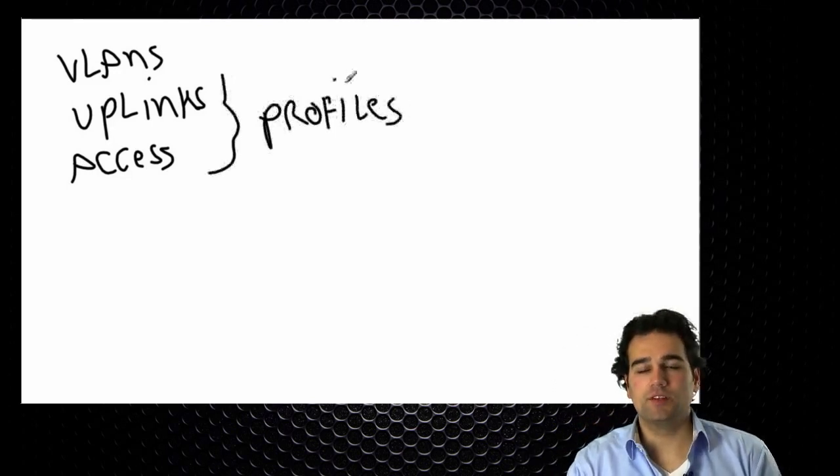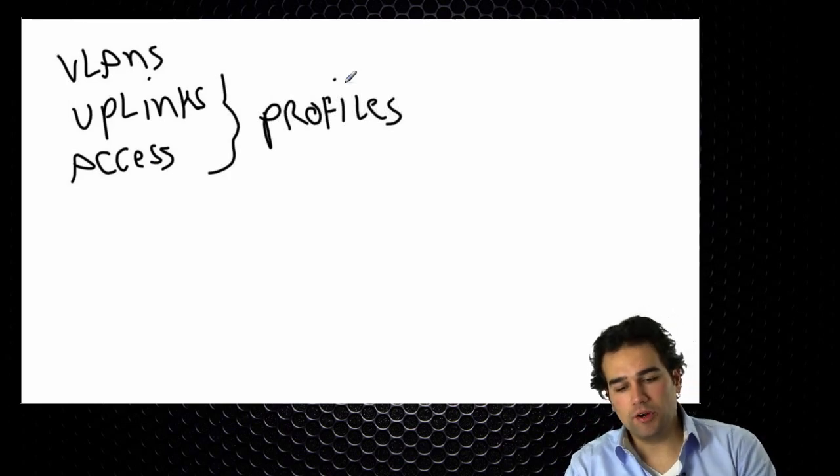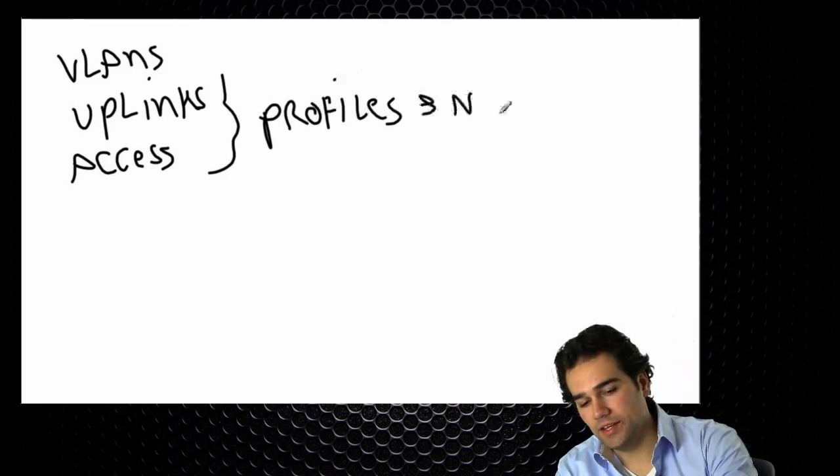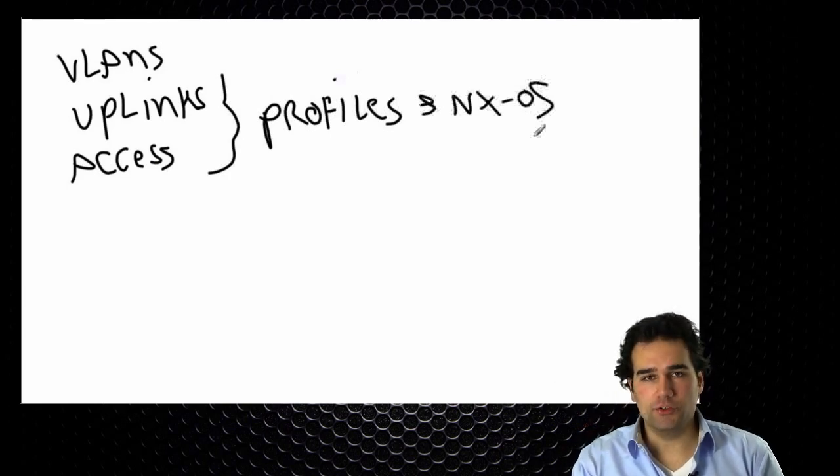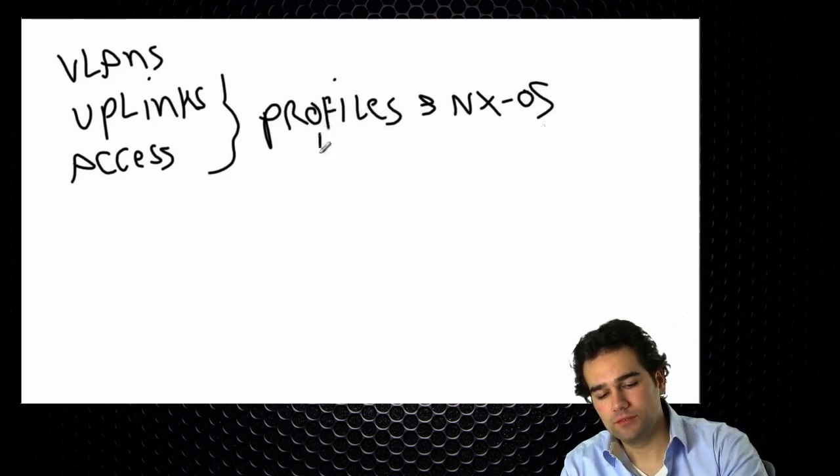Profiles are the basis of the Nexus 1000V. And the fun part is that profiles are just an NX-OS feature. So in any NX-OS deployment, I can use port profiles to build certain templates for all of my physical ports.